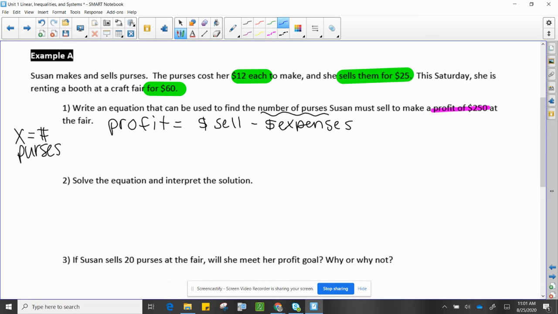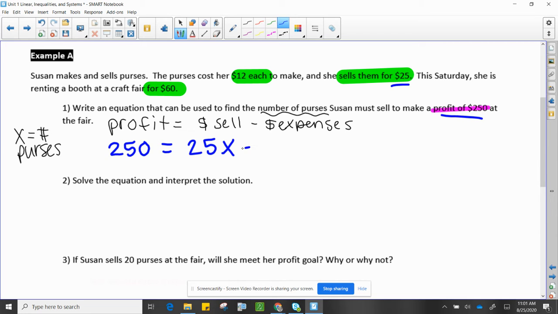So now let's put in our numbers from our problem, and then it'll make it a lot easier to set up. Our profit, we know, is she wants it to be $250. So how much is she selling the purses for? She's selling them for $25 for each purse. So I'm going to do 25x.